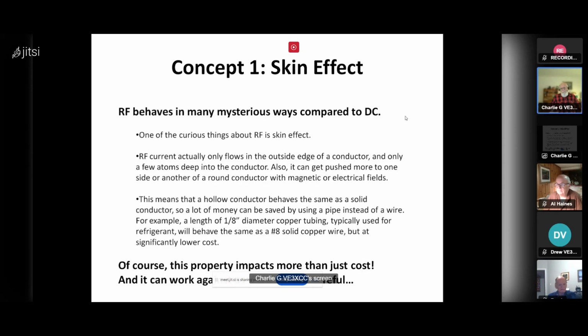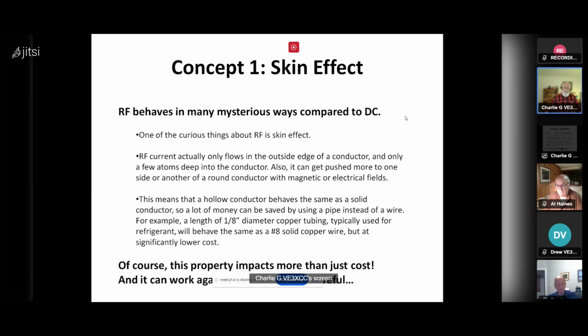What this implies is that a hollow conductor behaves exactly the same as a solid conductor. So you can save an awful lot of money by using a pipe instead of a wire. For example, a length of 1/8 diameter copper tubing, which is easy to find in pretty much any hardware store because it's used for refrigerant stuff, is going to behave the same as a number 8 solid copper wire, but of course at significantly lower cost.